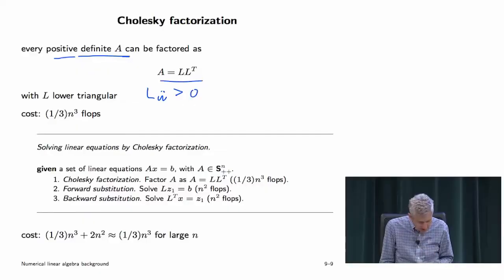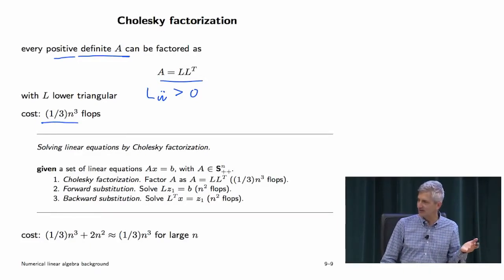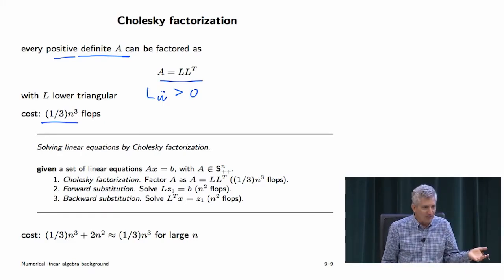As a practical matter, it just works. In this case, the cost is 1/3 n cubed. And the difference between 2/3 and 1/3 is like zippo in current things, where cache misses are way more important than some factor of 2. But you get the roughly idea. You save because you don't have to calculate an L and a U separately. You're just calculating one L.